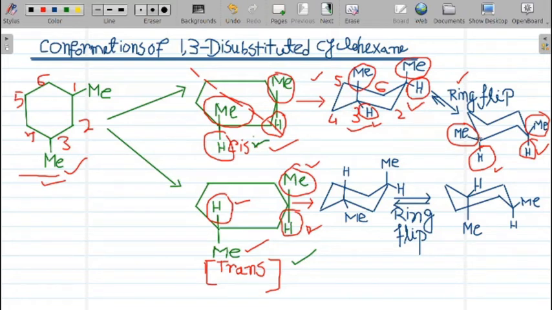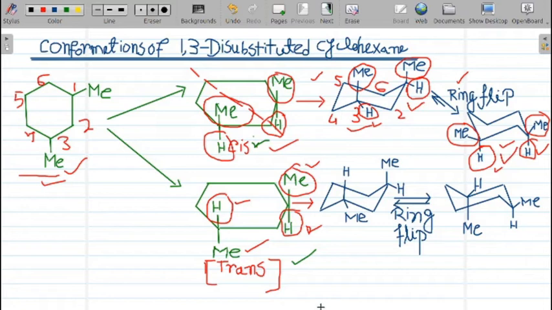But in this case, where the two methyl groups are present at the equatorial position, comparatively less steric strain is present, so there is no 1,3-diaxial interaction in this conformation.